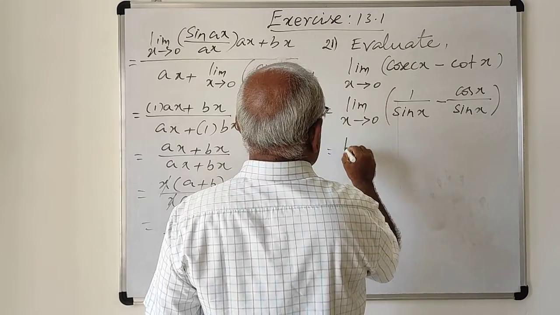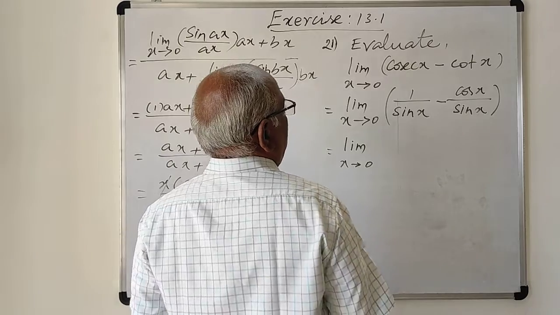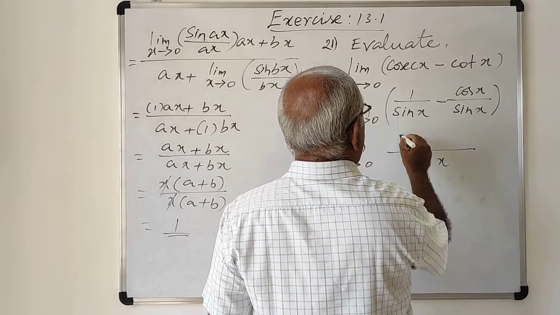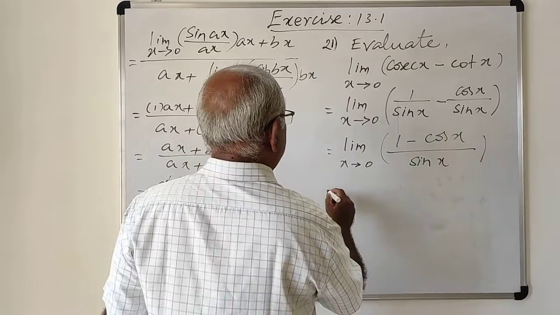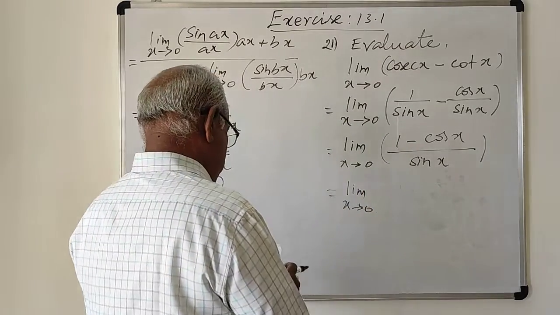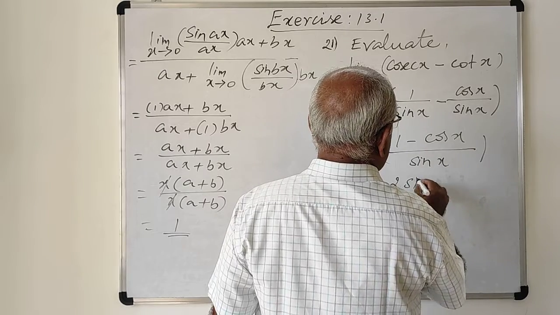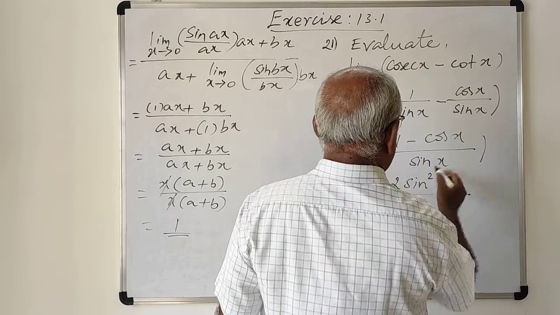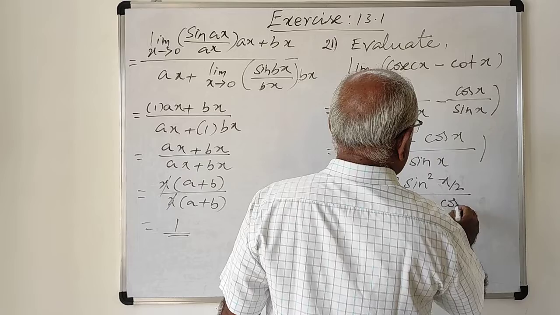So that is equal to limit x tends to 0. If you take sin x as the common LCM in the denominator, you get 1 minus cos x in the numerator. That is equal to limit x tends to 0 of (1 minus cos x), which is 2 sin square x by 2, already you have seen in the 17th problem, divided by sin x, which is 2 sin x by 2 cos x by 2.